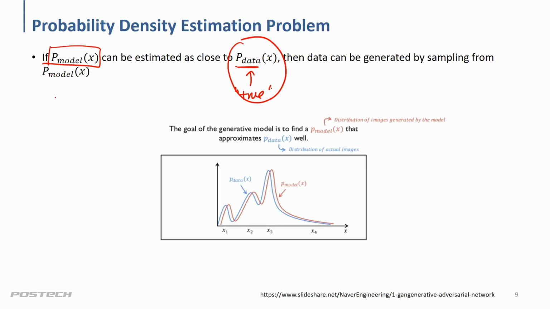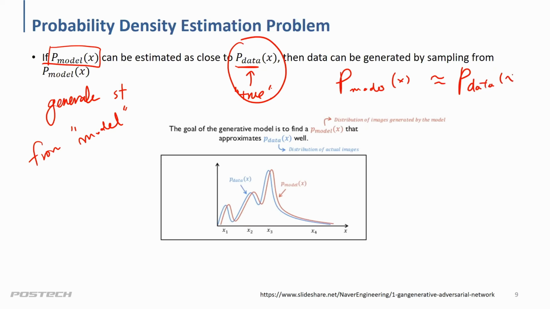And in order to generate something from models, I didn't define what the model is yet, but if we have P model of X, and if we are able to make these two similar, that means the probabilities are pretty much like this.